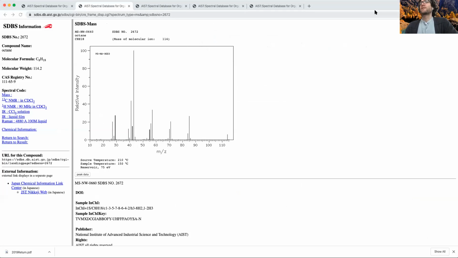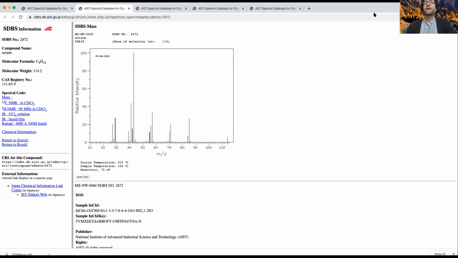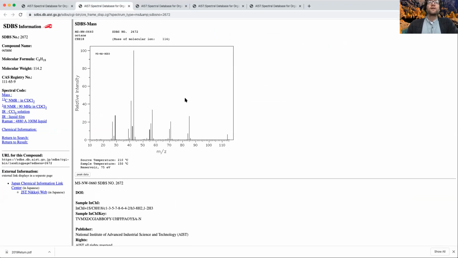Okay, great. Some real world data for molecules like octane. This is an alkane. Octane is C8H18, and you see that we have the molecular ion peak, and then fragmentation starts. So 114 fragments to 85, which is 29.